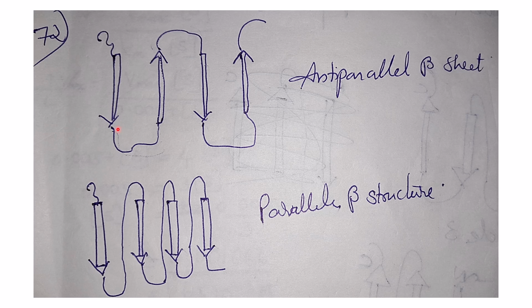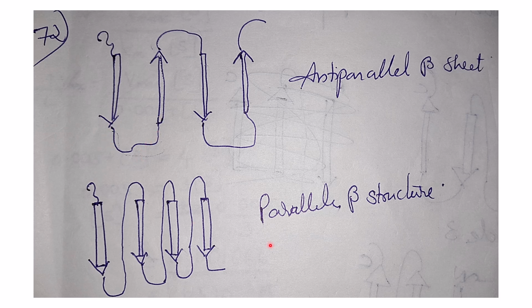So here a short loop is enough to connect 2 adjacent strands in an anti-parallel beta sheet. See here, to connect N and C terminal, you need only a short loop. Then again you have to start from here, N to C. So anti-parallel beta sheets require only a short loop peptide sequence to be connected to the next strand.